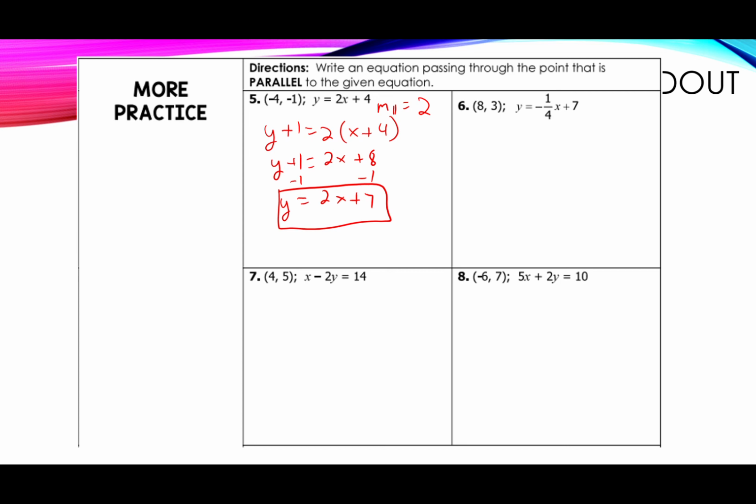All right, so for the rest of these, you guys are going to do them by yourselves. Ms. Schober, if you would pause, I'm going to say the answers. So number 6 is y equals negative 1/4 x plus 5. If you got that, good job.